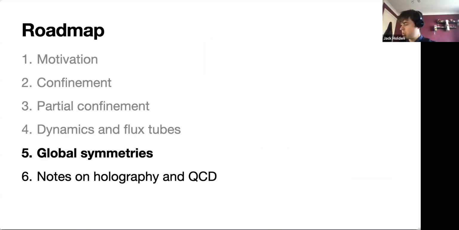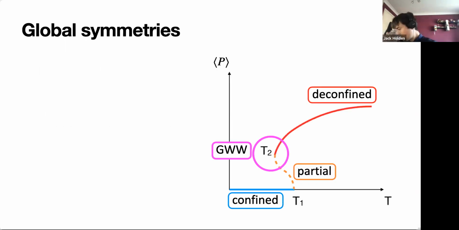So now I'm going to talk about global symmetries and order parameters associated with the partially confined phase. Confinement and deconfinement have center symmetry as an order parameter to distinguish them.